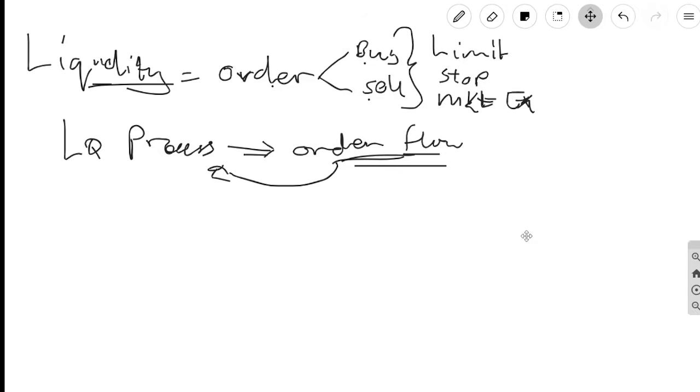Now, for the liquidation process to happen, there must be a rule that guides it, and I call it the law of liquidity, or you can say the liquidation law.